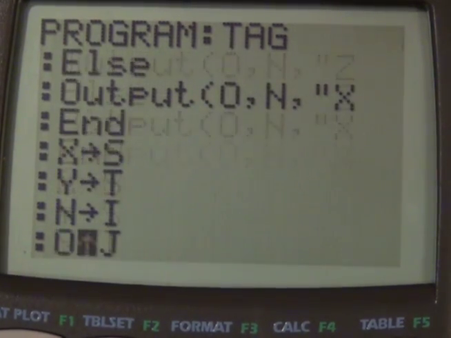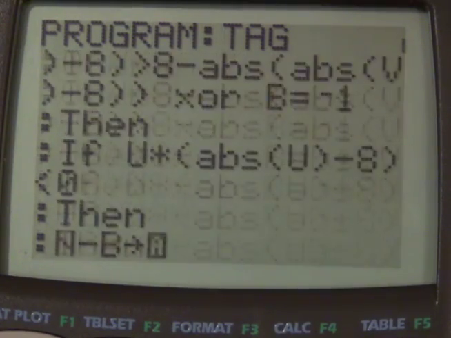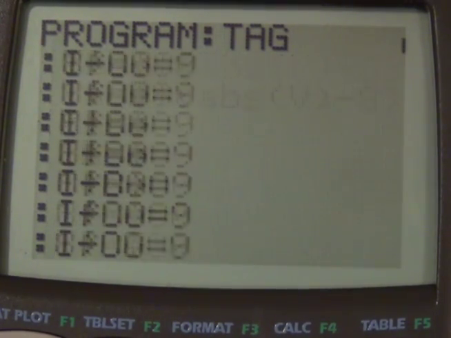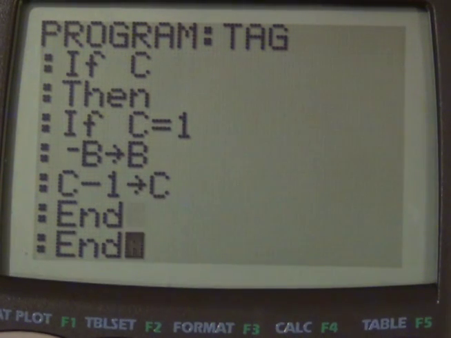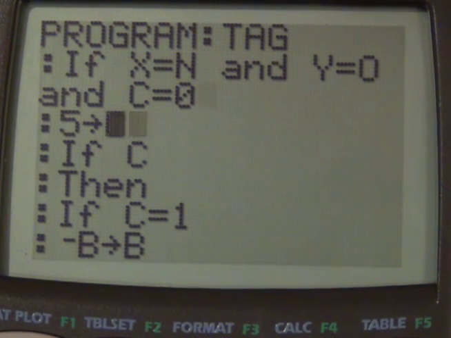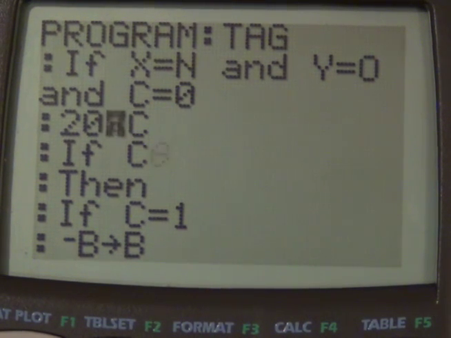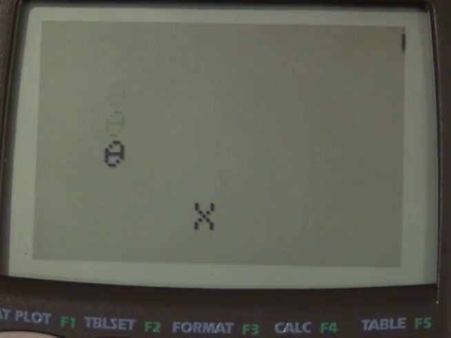Maybe 5 is too short, so what I'm going to do is change it to, I think, 15. Or actually 20. Let's just leave it a high number for now. Anyway, if I tag him, he's still chasing us, which is bad.